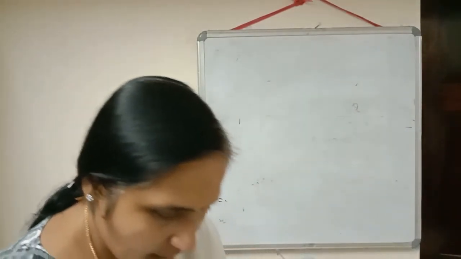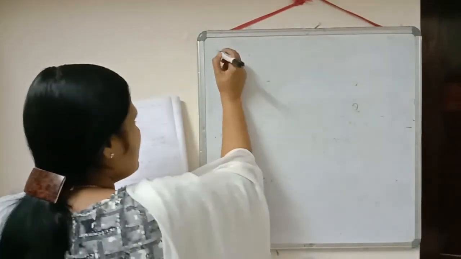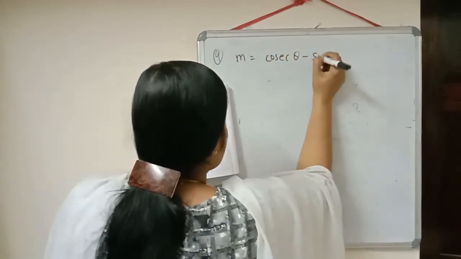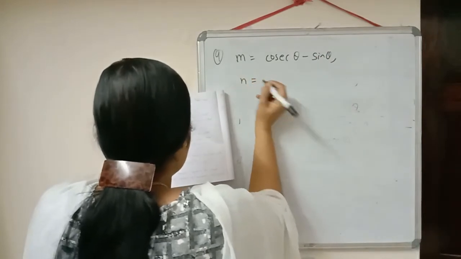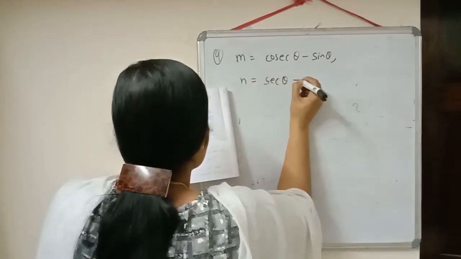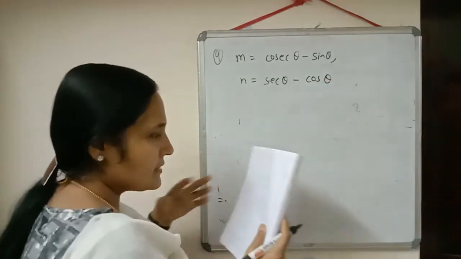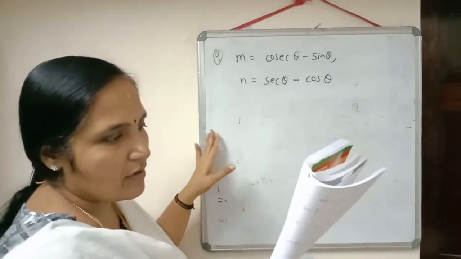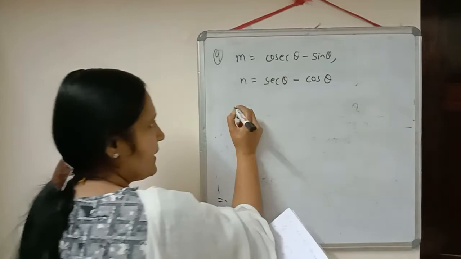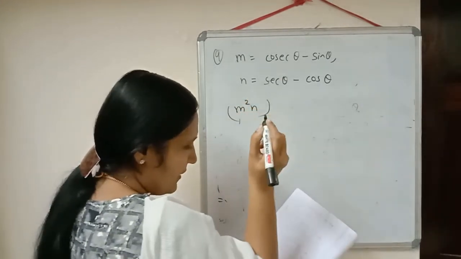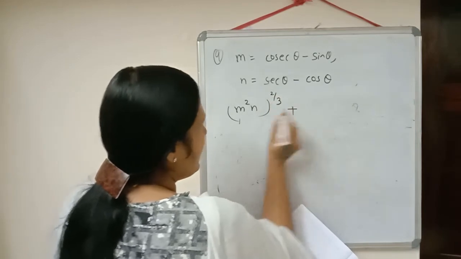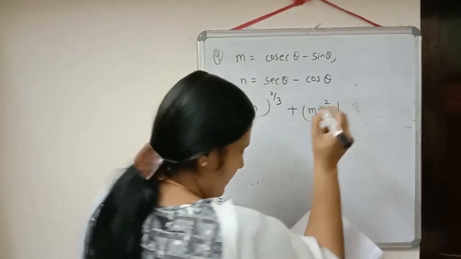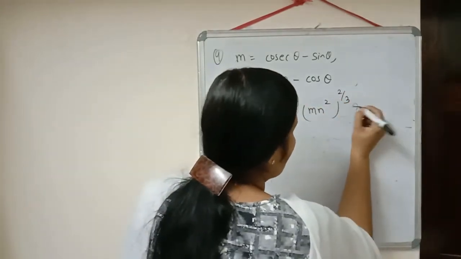Now, write down the next question. Question number 9 is: if m is equal to cosec theta minus sin theta and n is equal to sec theta minus cos theta, then prove that (m square n) whole raised to 2 by 3 plus (m n square) whole raised to 2 by 3 is equal to 1.